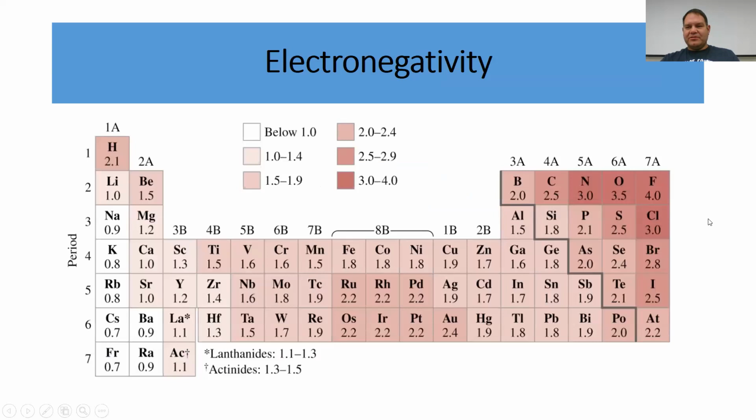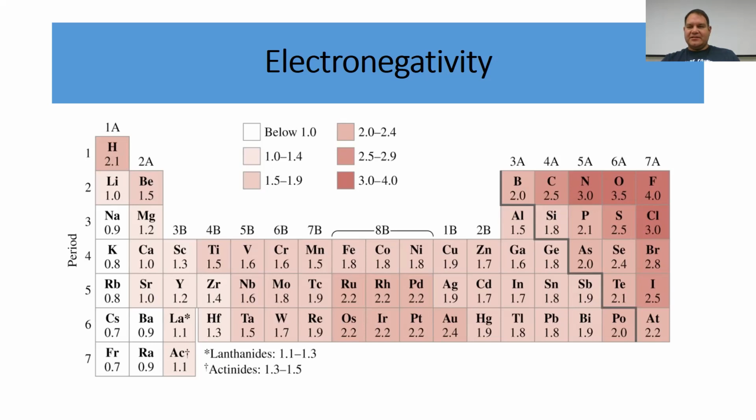So remember that polarity goes back to this idea of electronegativity. And we talked about that two atoms that are forming a covalent bond with one another are playing a tug-of-war match between the shared pair of electrons. And the element that has the largest electronegativity is winning that tug-of-war match, right?